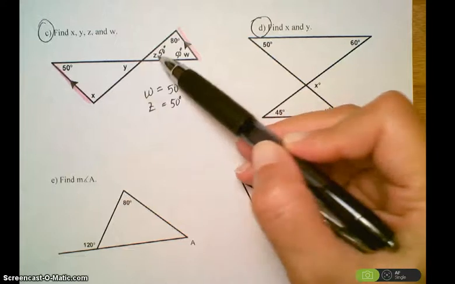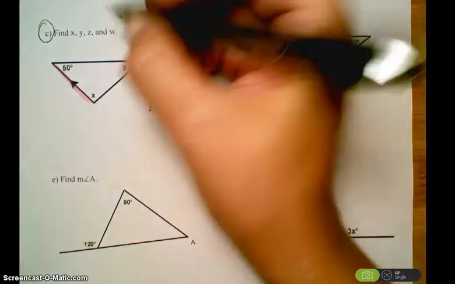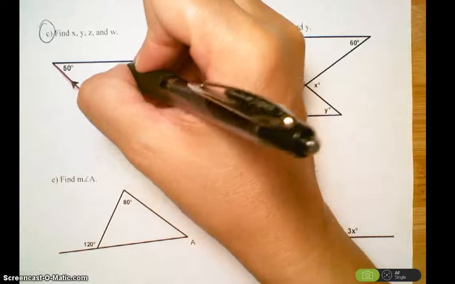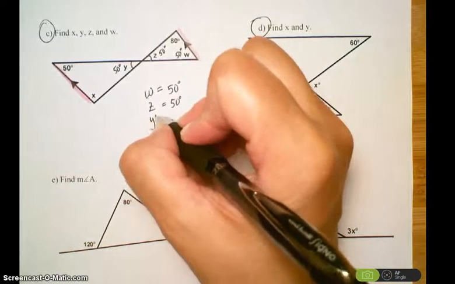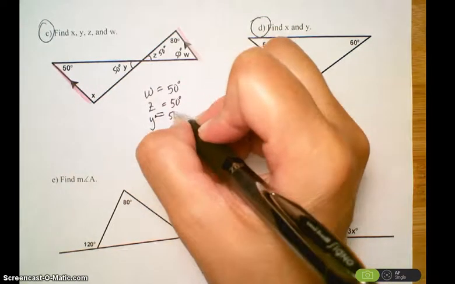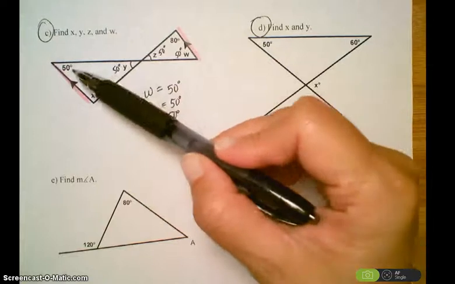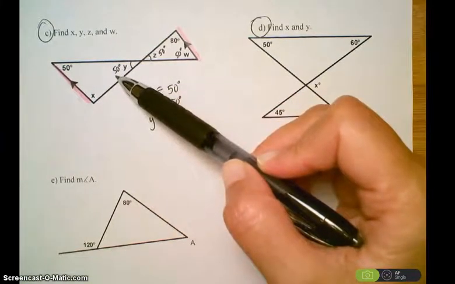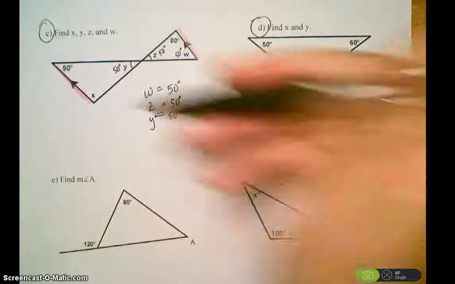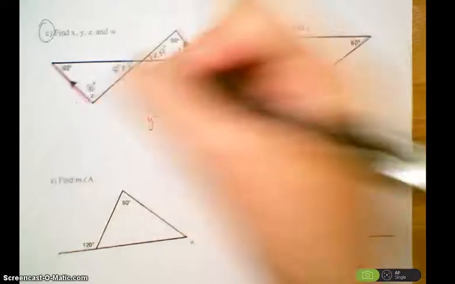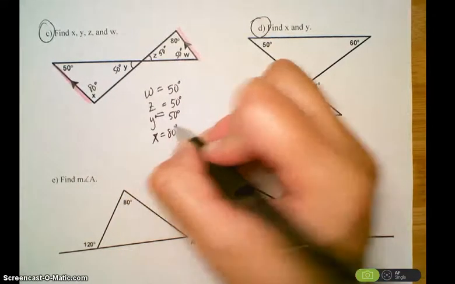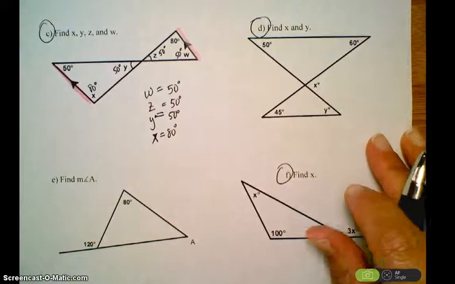These two angles are vertical angles, and therefore they must be congruent. So Y must also be 50 degrees. Again, you now have two angles of this triangle labeled. Those two angles are adding up to 100 degrees, and that leaves 80 degrees for the last angle. So X is 80 degrees, and we answered all the questions.